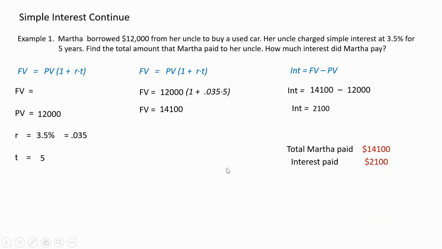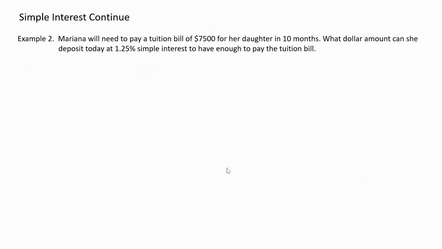At times, you can use either formula, but some other times it's easier to use one or the other. I believe that's going to be our next example. Example 2: Mariana will need to pay a tuition bill of $7,500 for her daughter in 10 months.